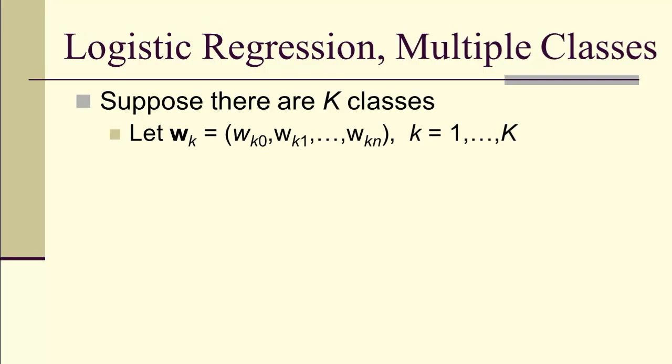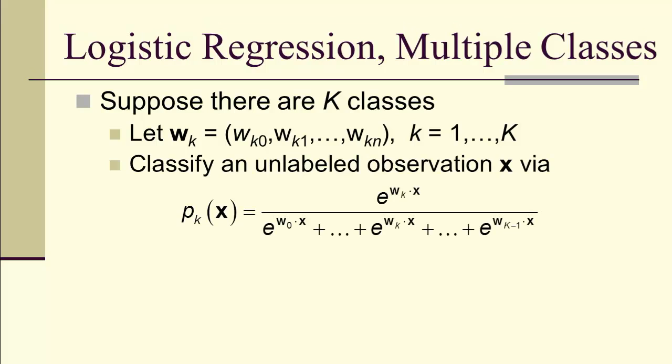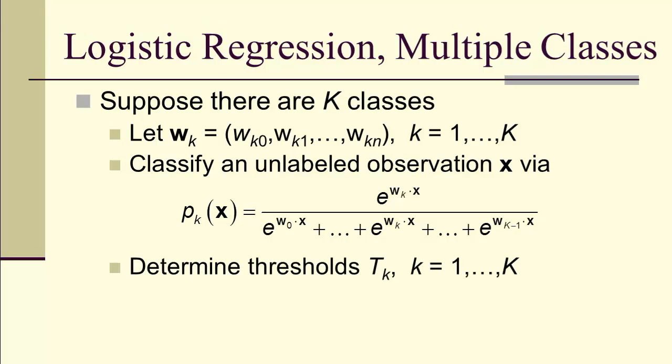If you've got capital K classes, then you have a more sophisticated set of parameters. Your probability models now are exponentials over sums of all the exponentials, where you have an exponential for each possible classification. So each class has its own probability model.